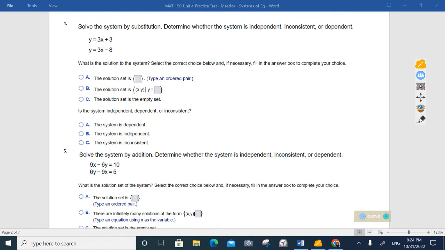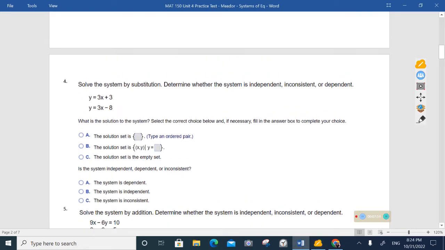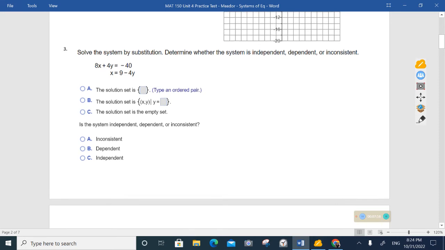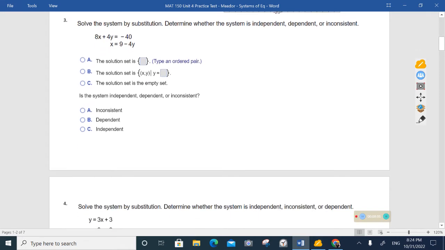Okay, so next question, number 4, says solve the system by substitution. Did I skip one? Hold on, let me back up. I sure did. Let's go back to number 3 here, my bad. So on number 3, it says solve the system by substitution, determine whether the system is independent, dependent, or inconsistent.